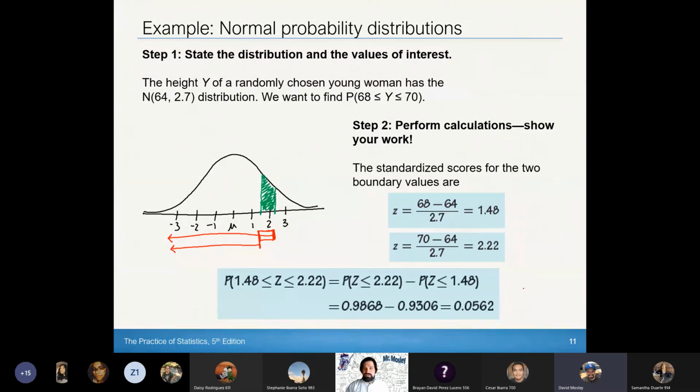And then again, what this means is that if we randomly choose a young woman, we have about a 5.6% chance of selecting someone who is between 68 and 70 inches tall. That's what our result means in context.